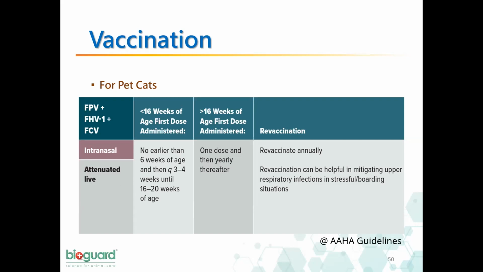For older cats, more than 16 weeks of age, 1 dose, then yearly thereafter. Revaccination, of course, is annual. And revaccination is also helpful in mitigating upper respiratory infections in different stress conditions.